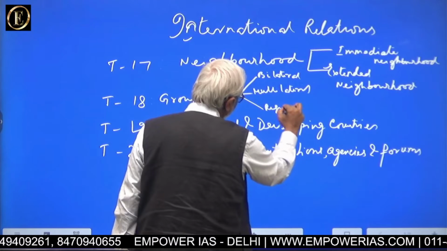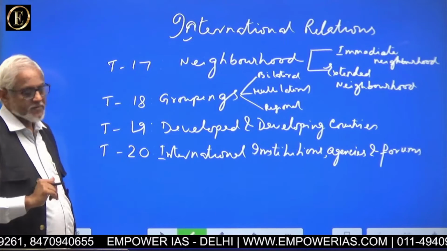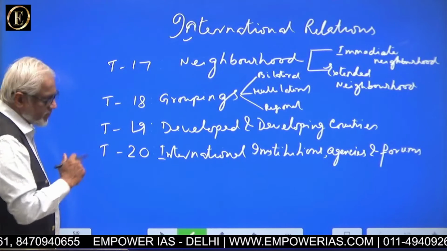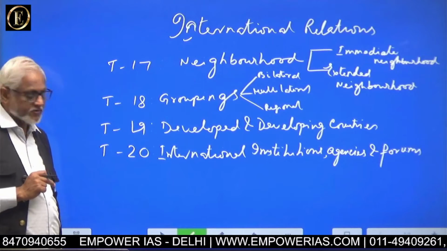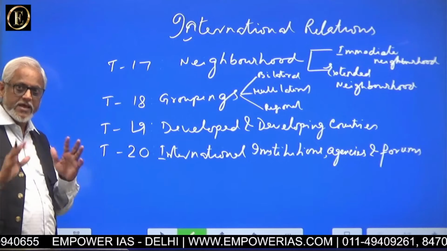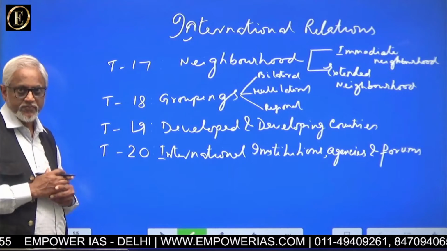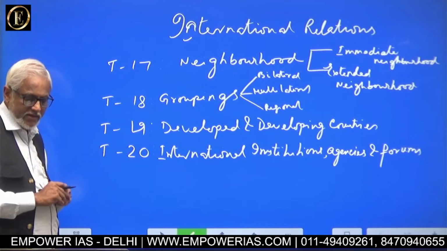So various types of groupings are there. Then developed and developing countries. They have various dimensions, they have various issues, so that has to be covered there.